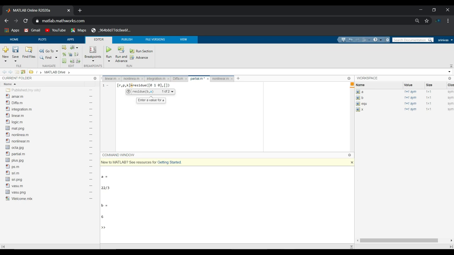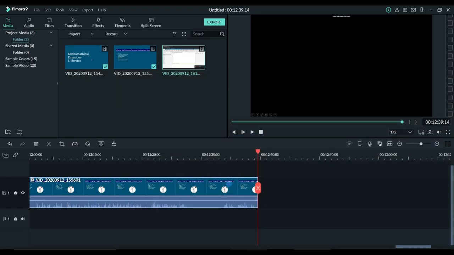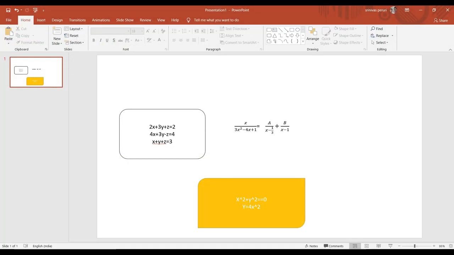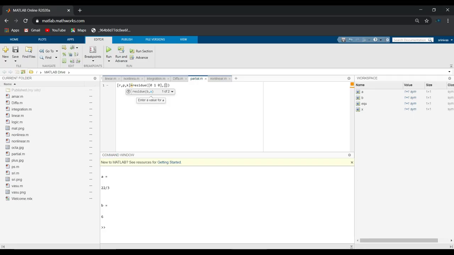What are the column values? It means the denominator values. Denominator values are 3 minus 4 comma 1. Okay, when I execute this command, what are you expecting?